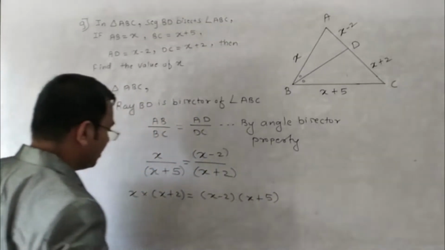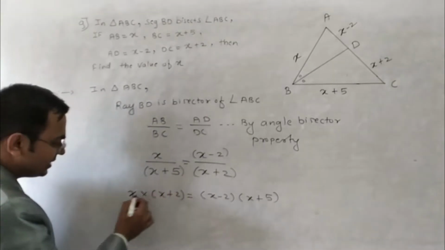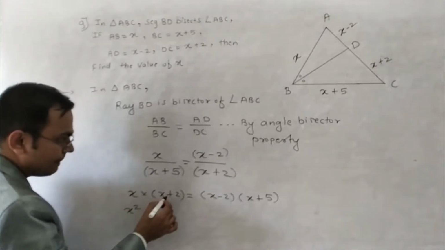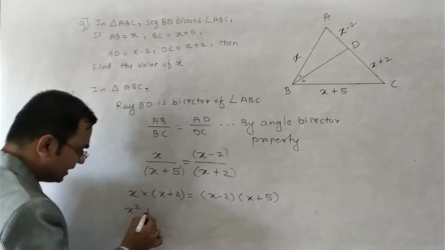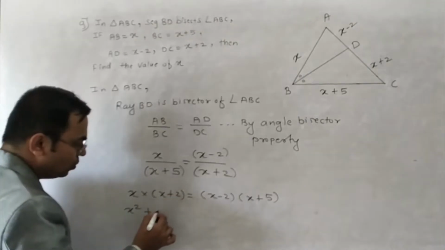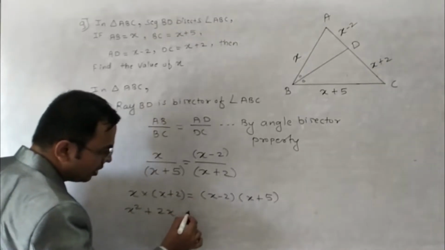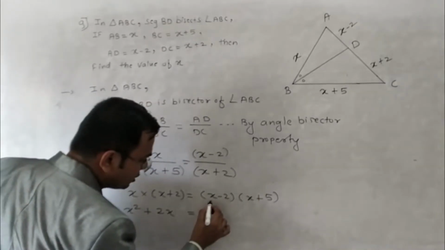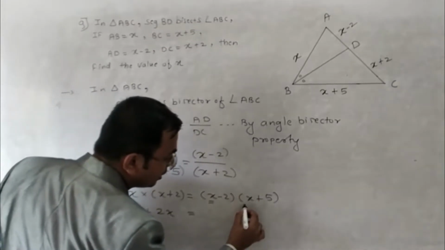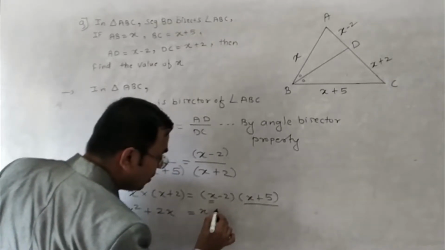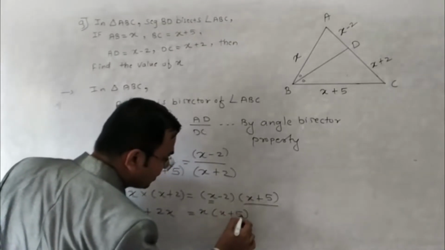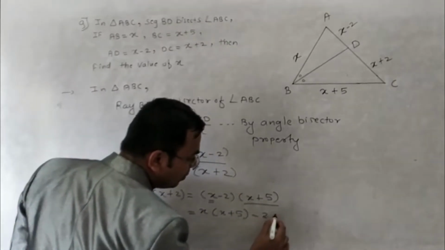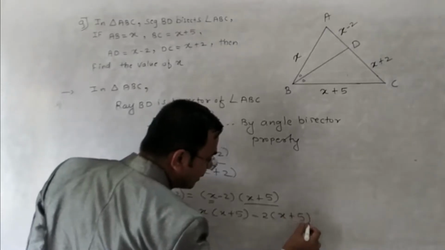So multiply this: x into x, x square, plus x into 2, 2x, equal to, as it is, multiply these two brackets. First multiply x with this bracket, so x into x plus 5. This minus is here. Then 2 multiplied by this whole bracket.